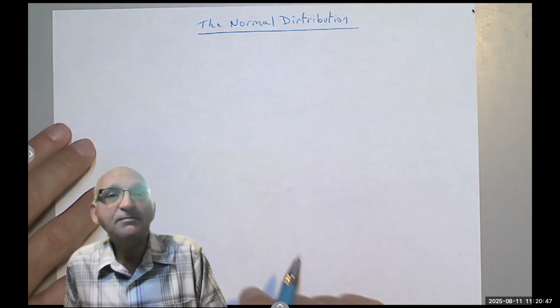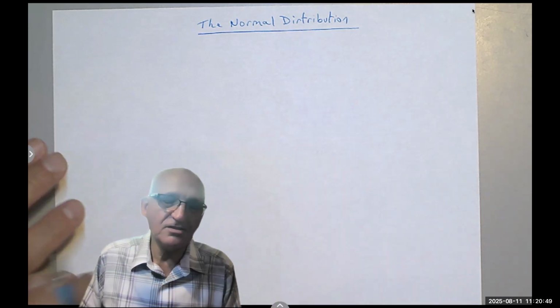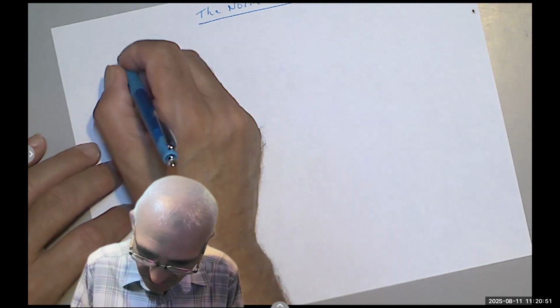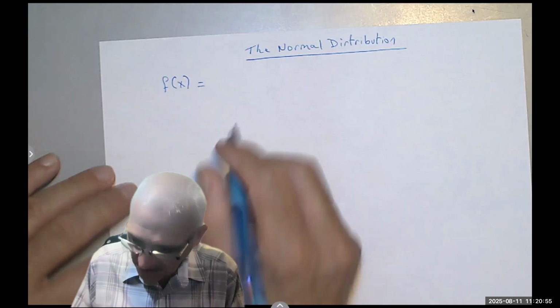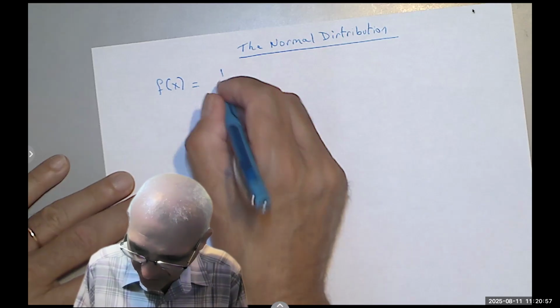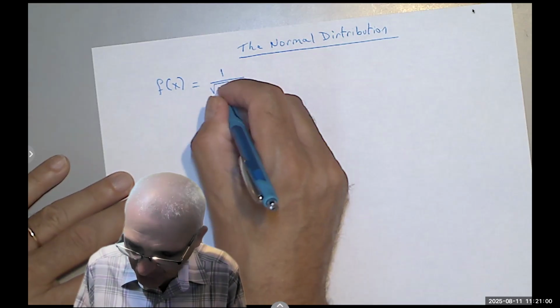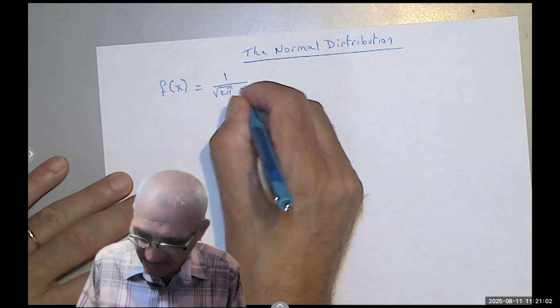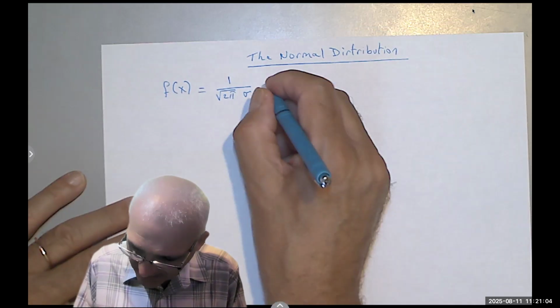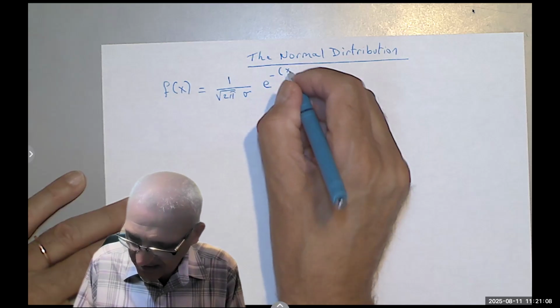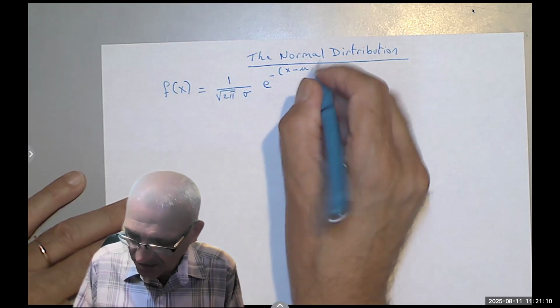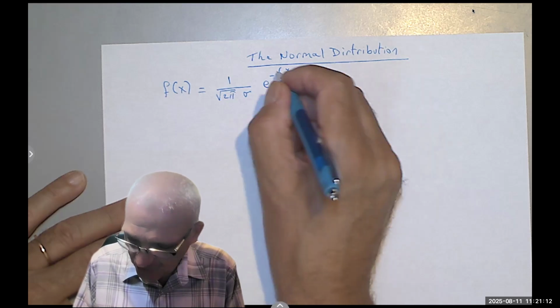Okay, so the probability density function of the normal distribution is as follows. 1 over the square root of 2 pi times sigma times e raised to the negative x minus mu, squared, over 2 sigma squared.